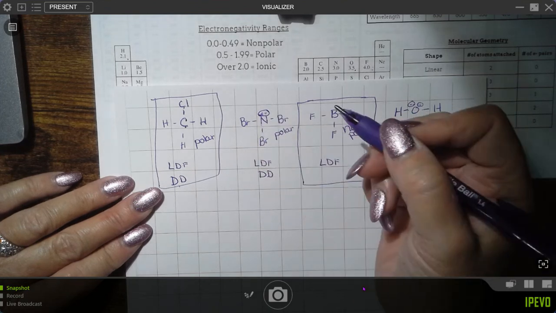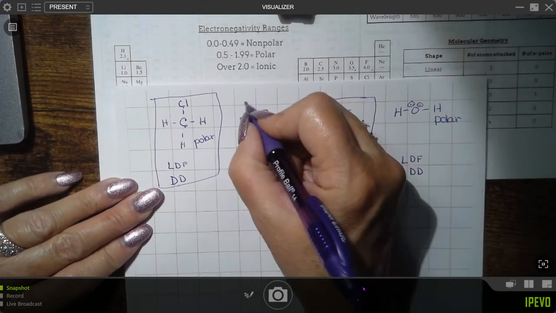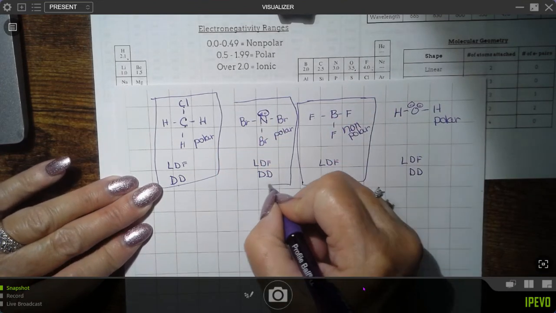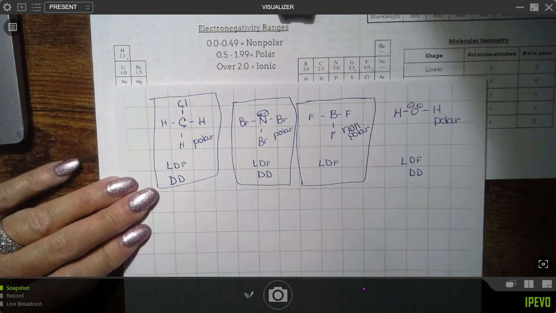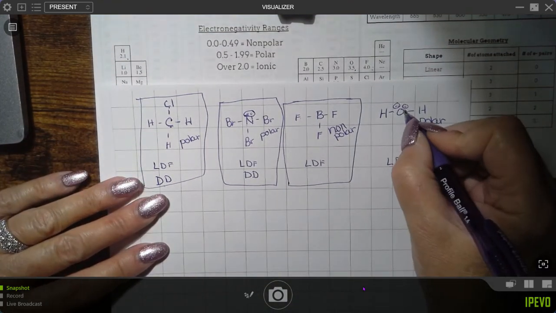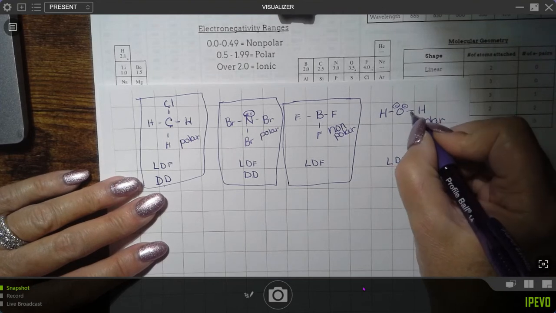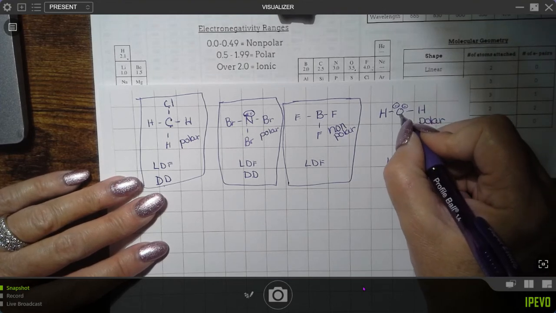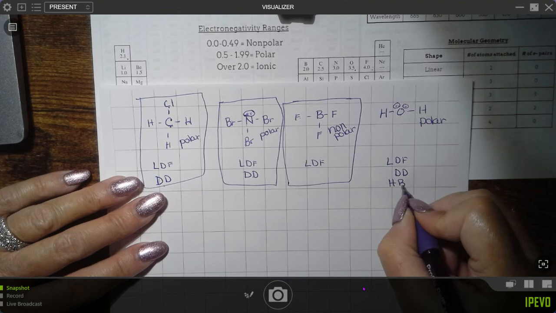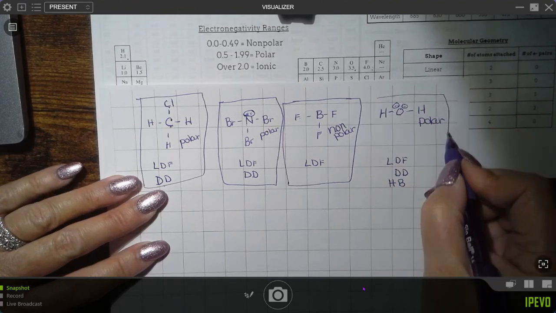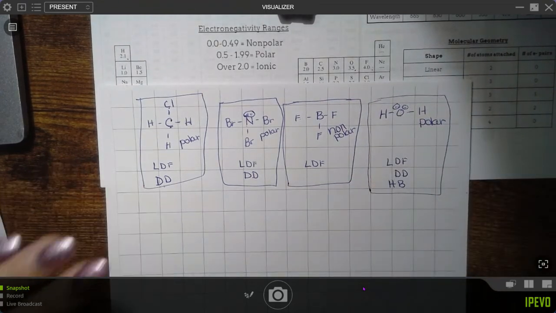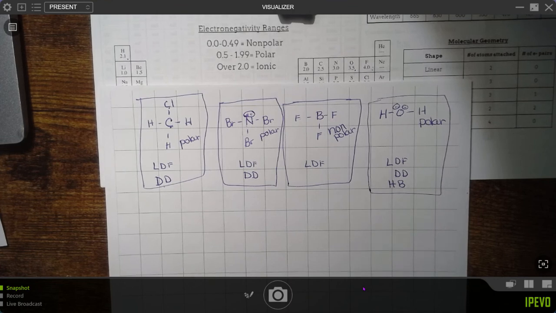No hydrogen in that one, so that's pretty easy. The strongest force is dipole-dipole. And then finally we have water. Water does have that hydrogen attached to an oxygen. So this one has hydrogen bonding. It has all 3 of our intermolecular forces involved.